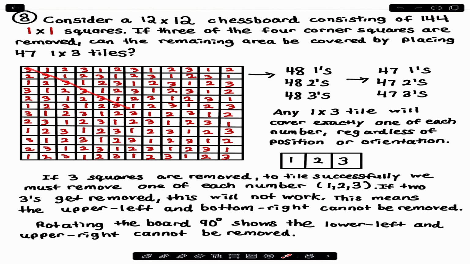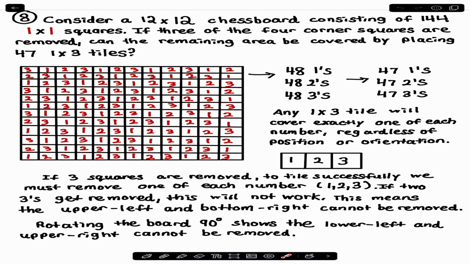So now we are in a situation where we cannot remove these 2 corners and we cannot remove these 2 corners. However, in our problem, we need to remove 3 of the 4 corner squares. But do you see the problem? Because if we are to remove 3 of the 4 corner squares, it will involve 1 opposite pair.